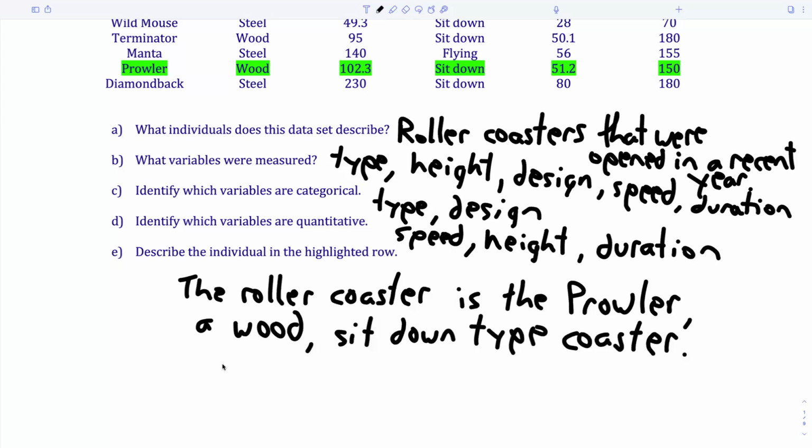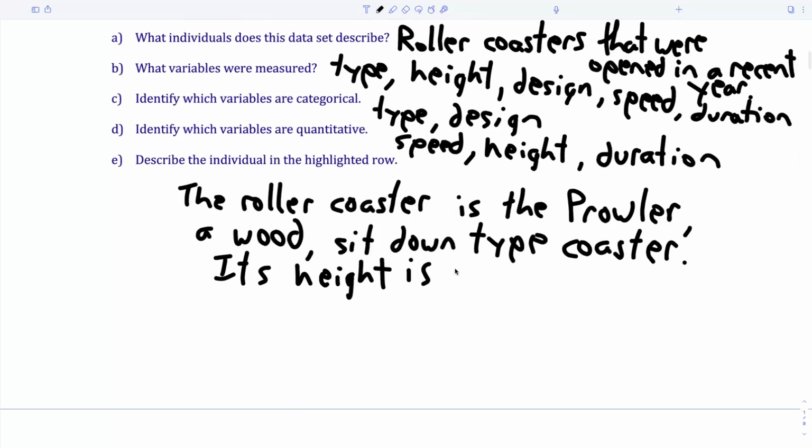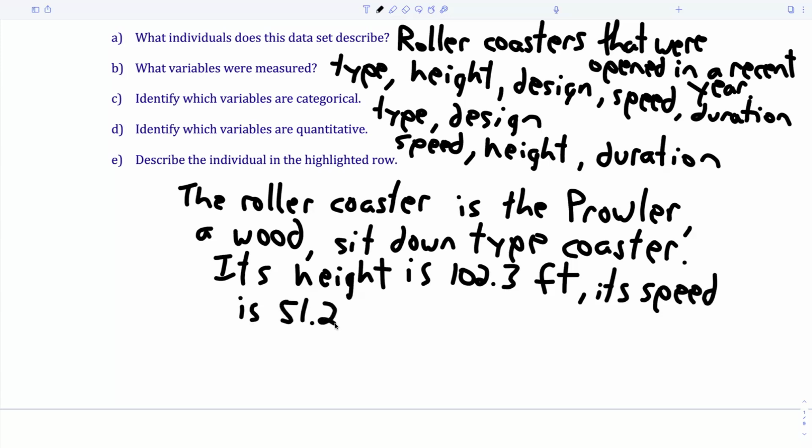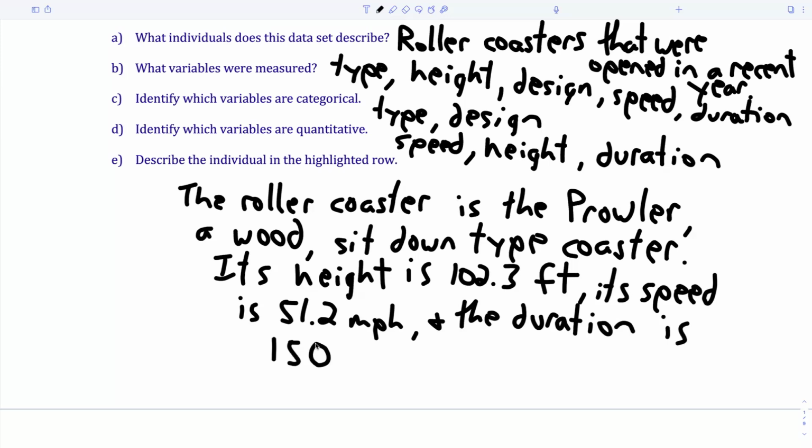Its height is 102.3 feet. Its speed is 51.2 miles per hour. And the duration is 150 seconds.